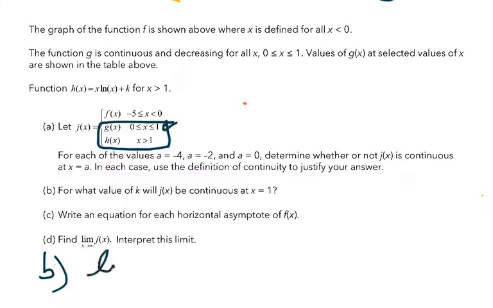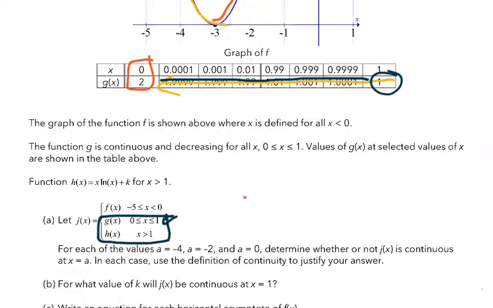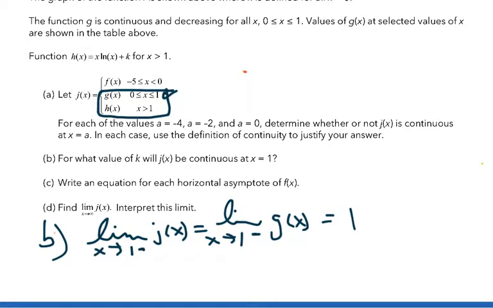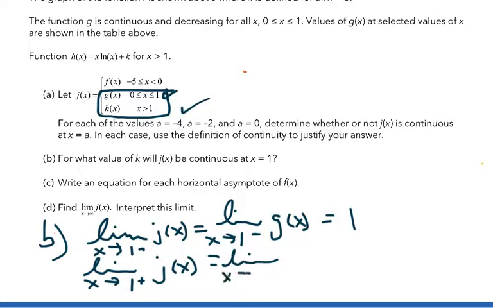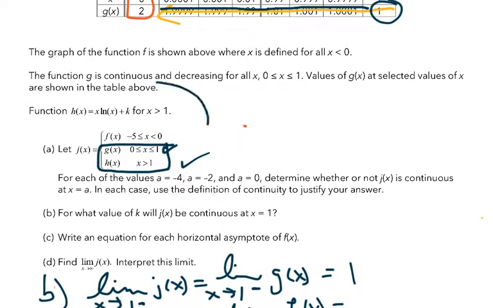So let's write that down. The limit as x is approaching 1 from the left of j of x is actually going to be the limit as x approaches 1 from the left of g of x, which equals 1 according to the table. Well, that's got to be equal to the limit as x approaches 1 from the right of j of x, which will put me on h, the limit as x approaches 1 from the right of h of x, which equals, let's go up here, we have to plug that in.